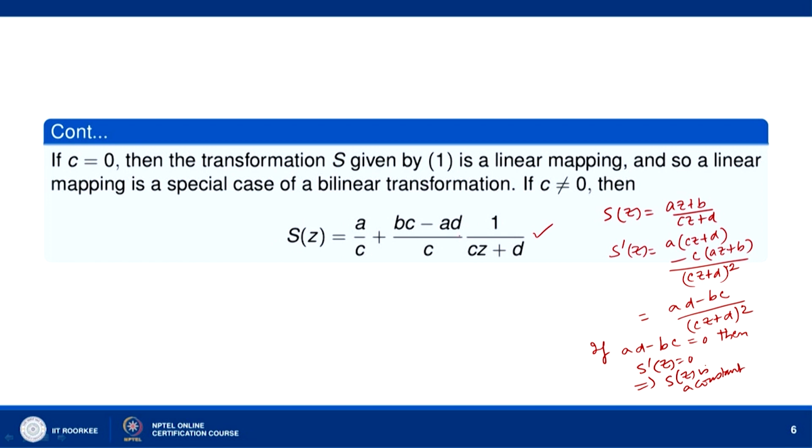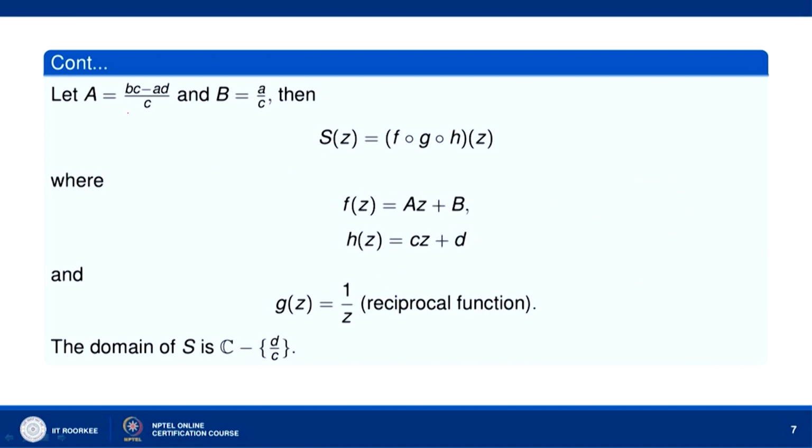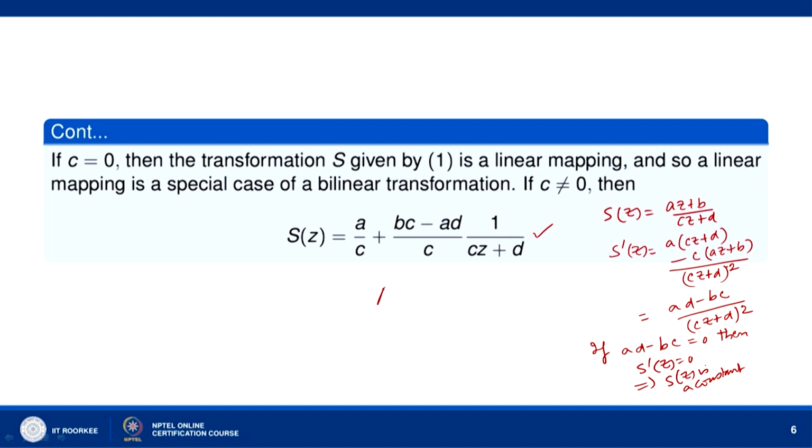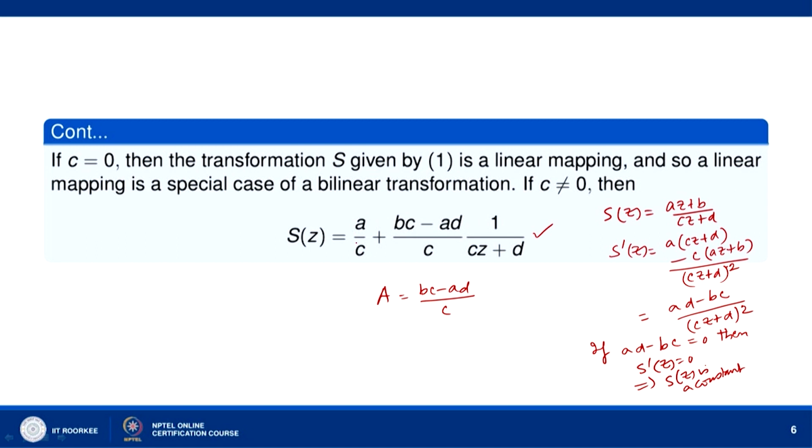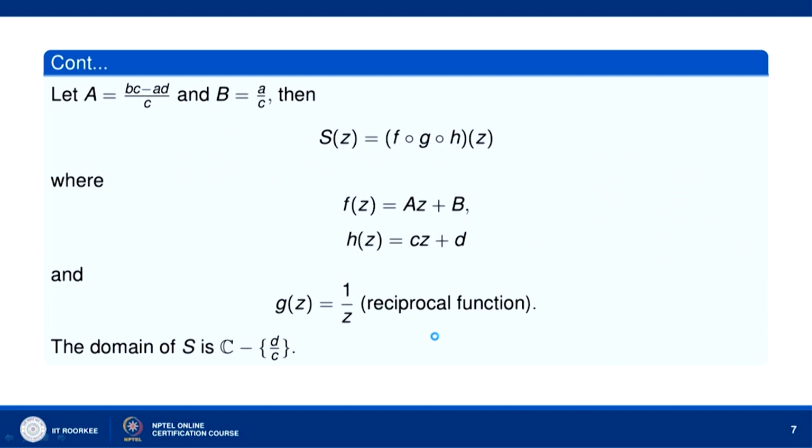Now, from here we notice that if you define (Bc − Ad)/C equal to A, and B equal to A/C, this A/C we define as B. Then S(z) is a composite mapping.